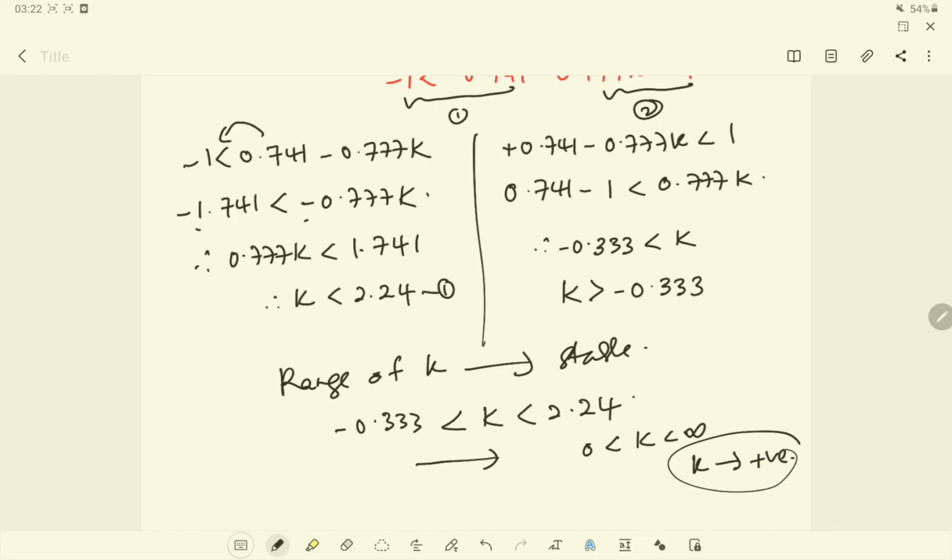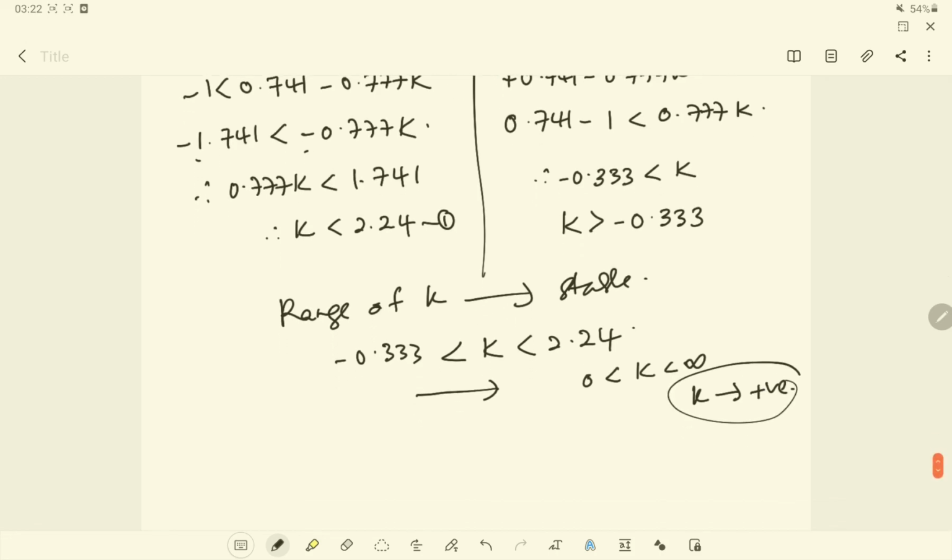This is the general information everybody knows. So we change a little bit, and the range of K in order to make the system stable is K greater than 0 but less than 2.24. This is the answer for the range of K.